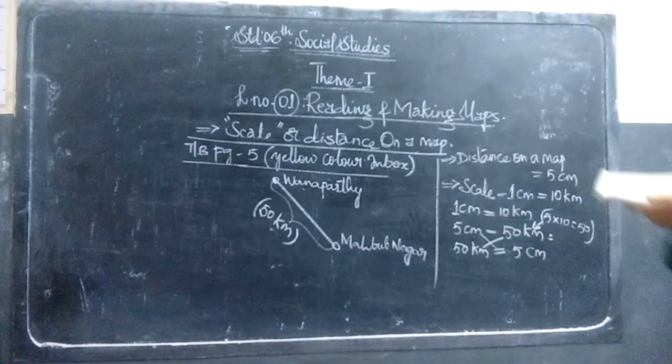The next is 5 centimeters. Next comes 500 centimeters. Next comes 100 centimeters. So in this way. The next comes the yellow color inbox one. So whatever information I have written here, you will find completely in this yellow color inbox one, this side information.